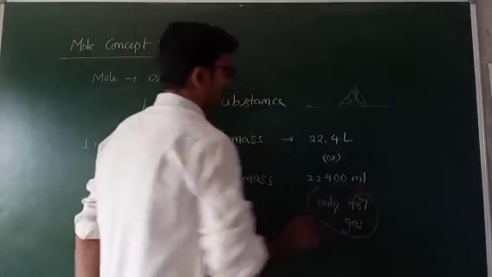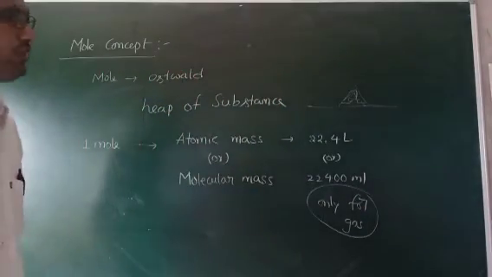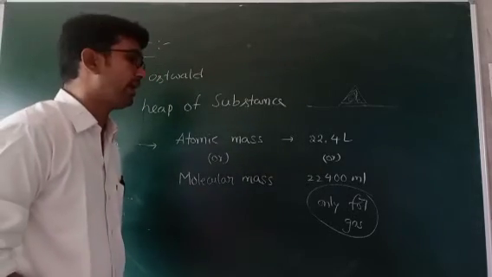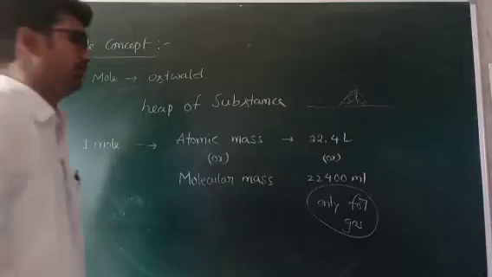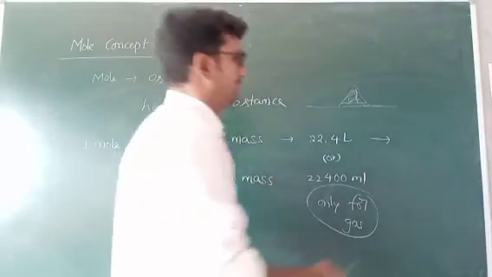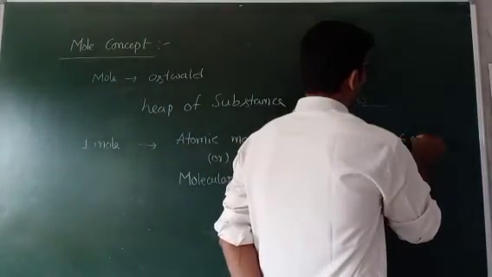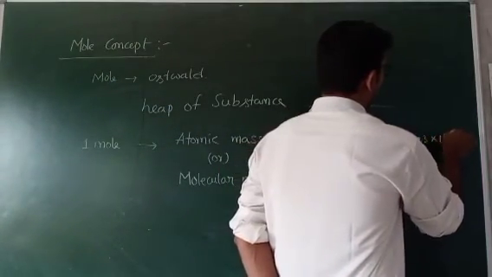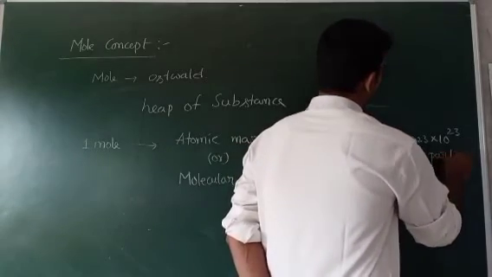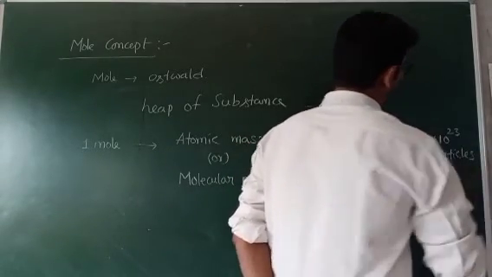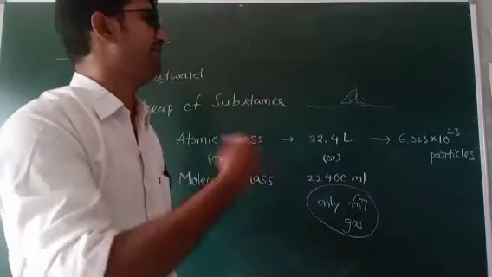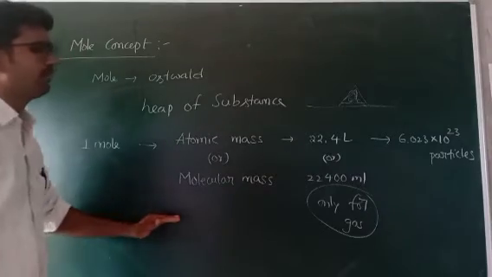So 1 mole of any gas occupies 22.4 liters or 22,400 milliliters volume. Now, particles. 1 mole contains how many particles? 6.023 into 10 to the power of 23 particles. Particles means we can express in any way: molecules, atoms, ions, everything. This is simply the mole concept.